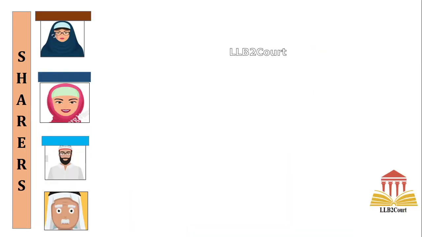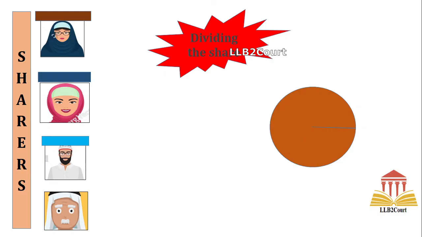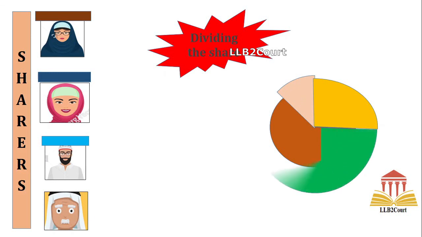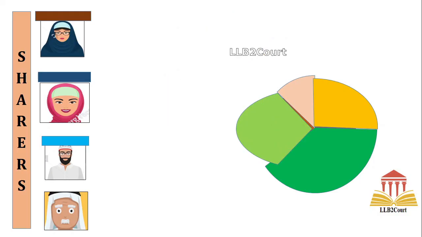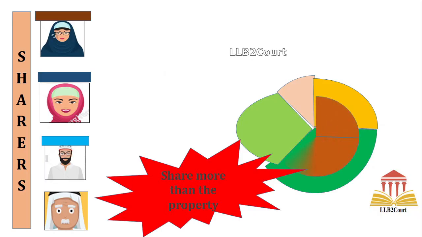There is one more condition that can arise if we allot the shares unequally. Let's assume this circle is the property value, and there are four sharers. When you divide the property in a fixed ratio, sometimes it exceeds the property value. So the shares allotted are more than the property.